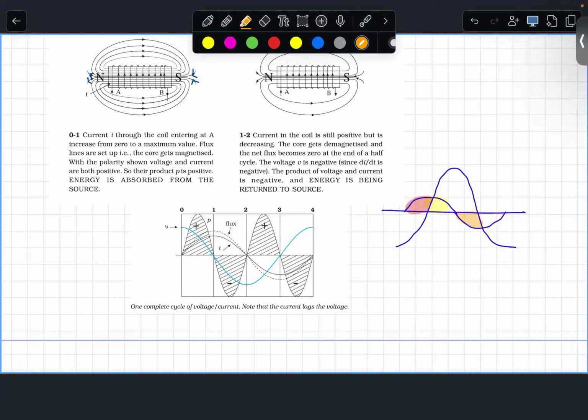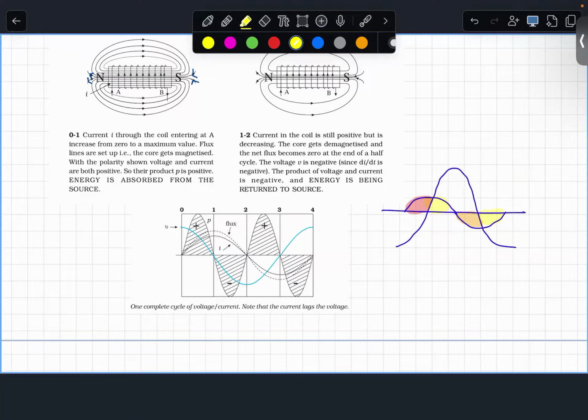And this is one region where both are negative side, positive. So how much is the yellow area? Same is the other color area. So what does this indicate? Net zero.